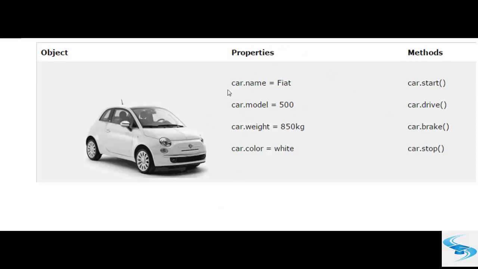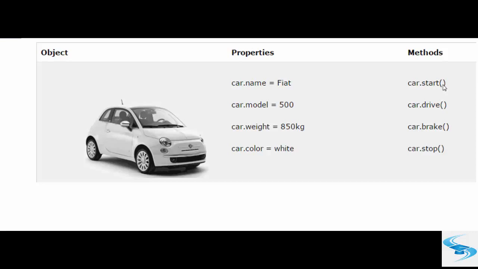For example, let's take a look at this. Car.name is equal to Fiat, and the method for this car.name is car.start, and you see this bracket here, which means it's a function. Okay, so methods are actually functions, and anything that has something like this is a function.